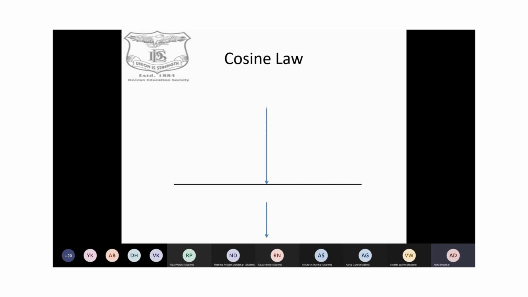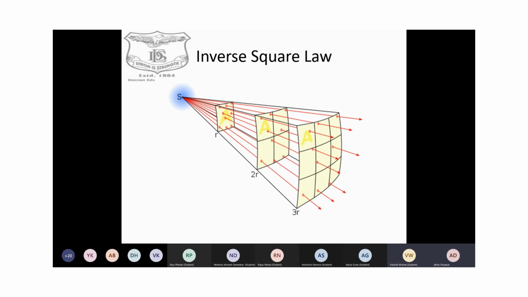Okay, fine. After this, we have got the inverse square law. Everyone is able to see this picture? You've got S, the blue circle, that is your point source of emission of radiation. This law is very simple to understand.